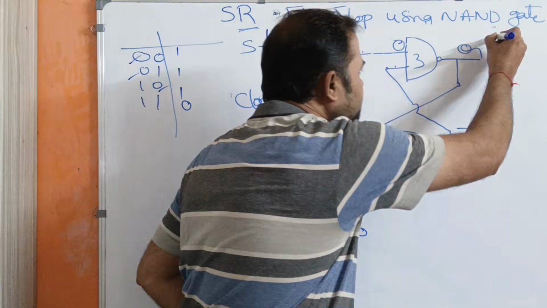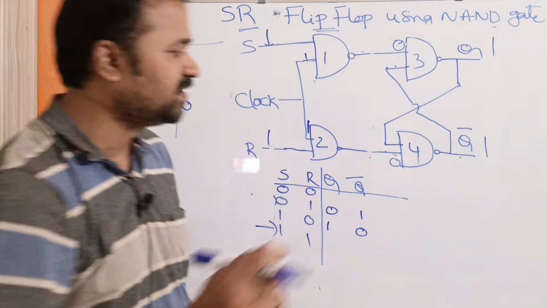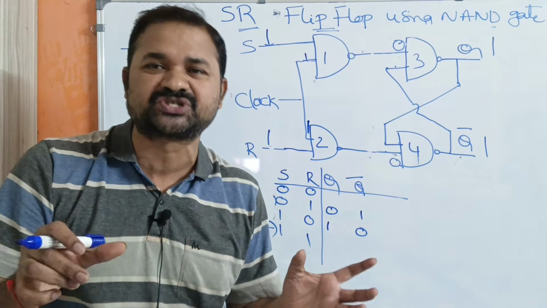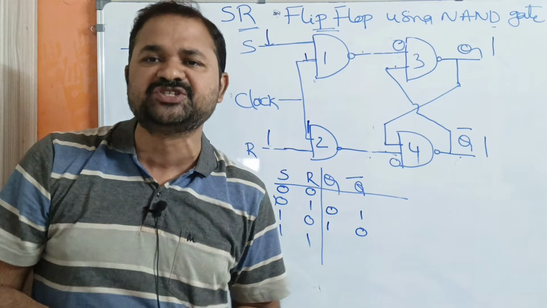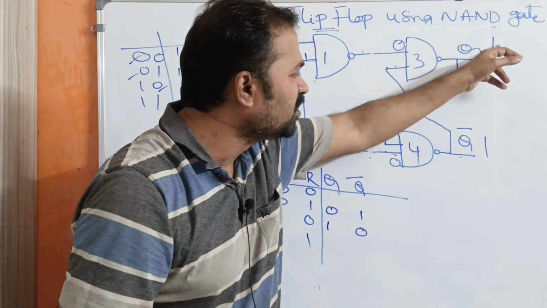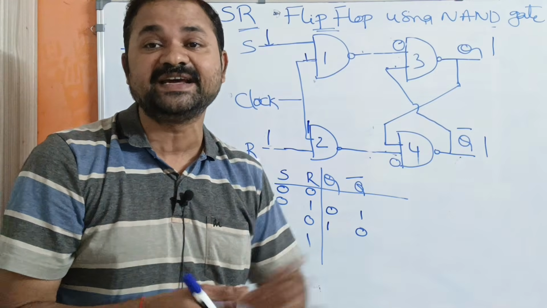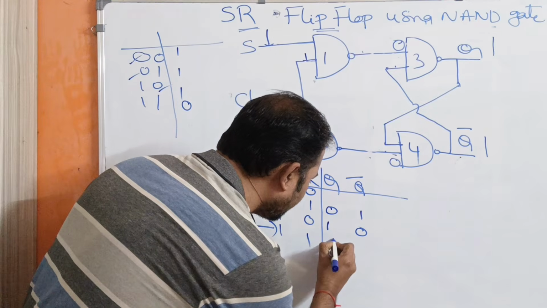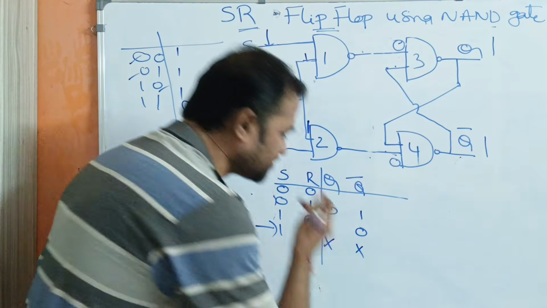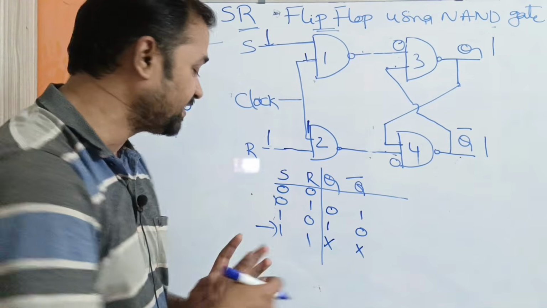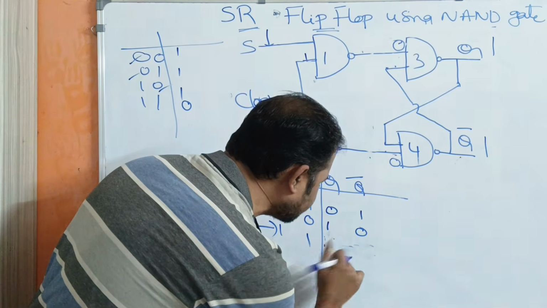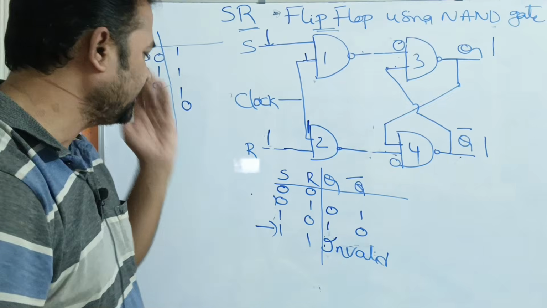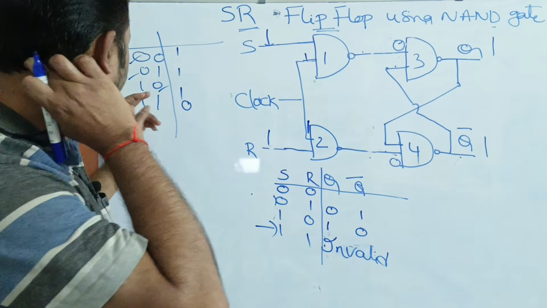So here Q value is 1 as well as Q bar value is 1. But this situation won't arise, because the outputs should always be complemented to each other. But here we got 1, 1 as the output. So we can say that this is invalid. So for 1, 1 the output is don't care, because that output is invalid.